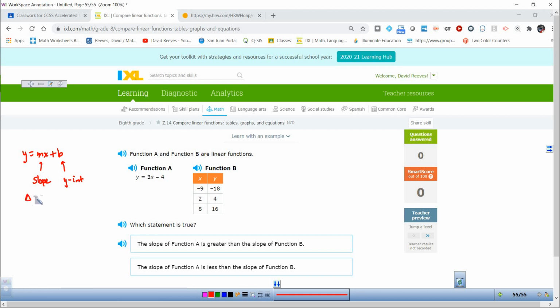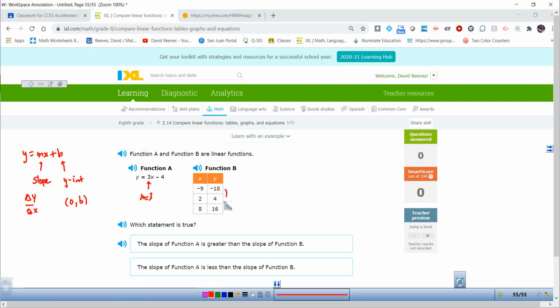And remember, slope is change in y over change in x, and the y-intercept is the y value when x is equal to 0. So if they want us to compare the slopes, well, the slope on this one is 3. Very easy to get the slope from an equation in slope-intercept form.